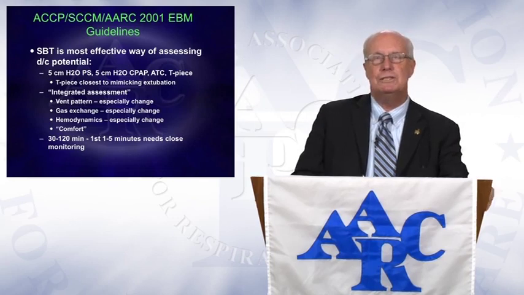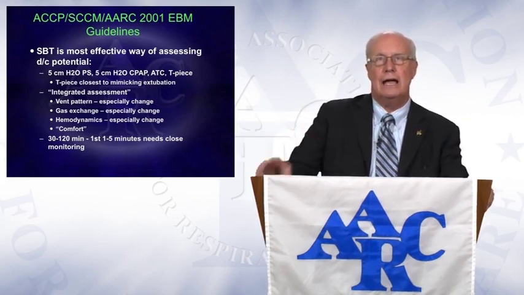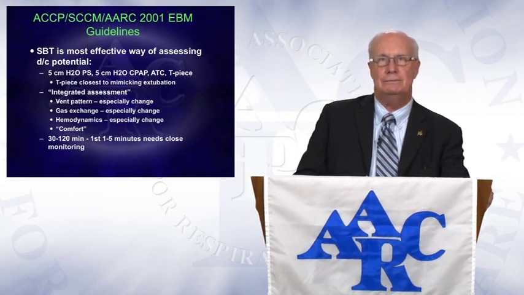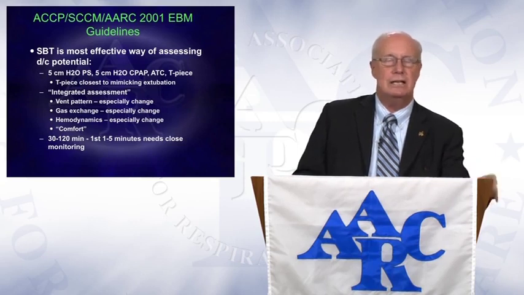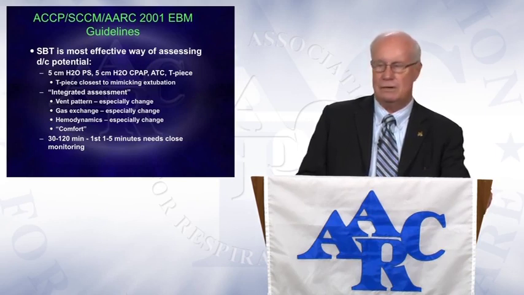And what's important, he found that having a rigid cutoff actually slowed the process down. So again, when you're doing these spontaneous breathing trials, I really caution against an arbitrary cut point. Instead, you integrate these assessments that I've described to you here into a decision that the patient either did or did not pass the spontaneous breathing trial.